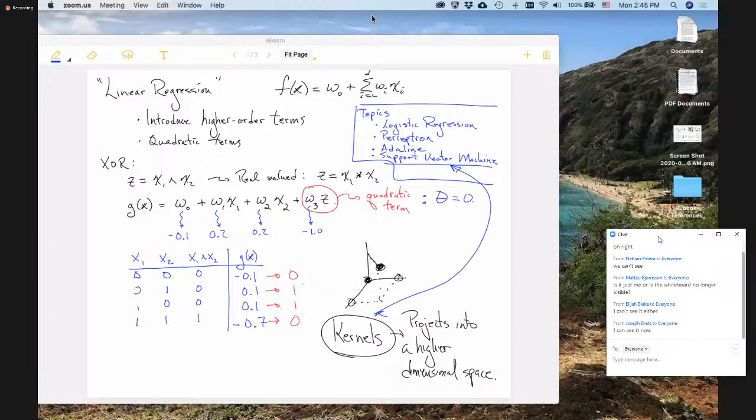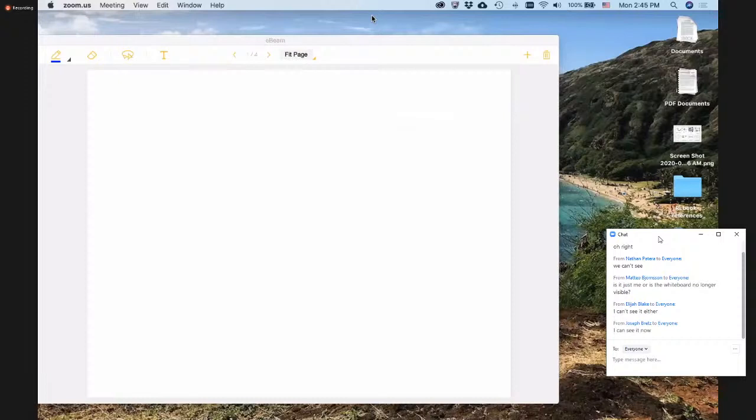Before I do that, again, since I have to erase the board, let me see if there are any questions. Okay. New page. All right.